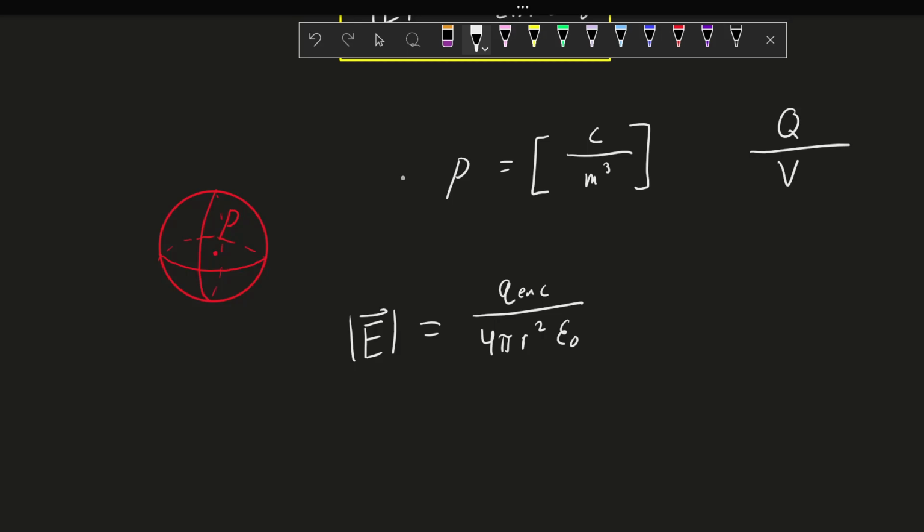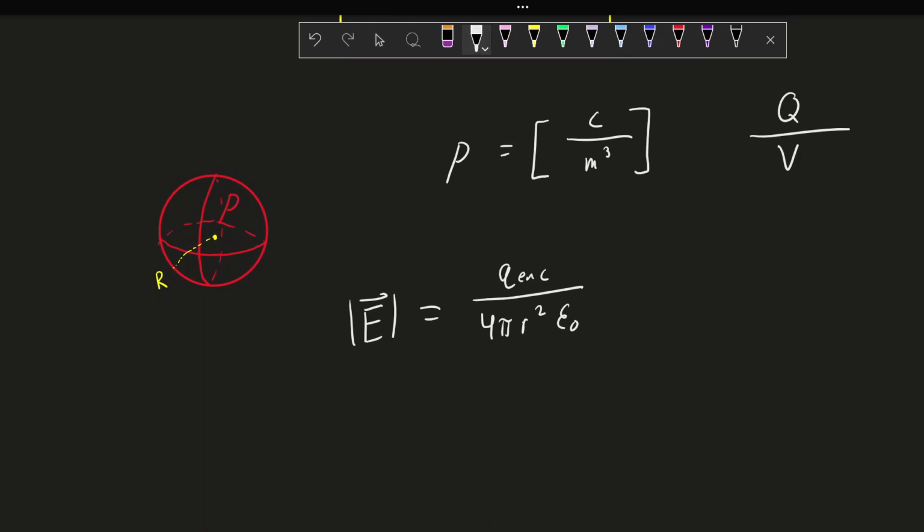So now this r right here, that is the radius of what's called the Gaussian sphere. So basically we're imagining an imaginary sphere, with any radius from 0 to whatever this radius is. It's just the instantaneous radius of the Gaussian sphere.